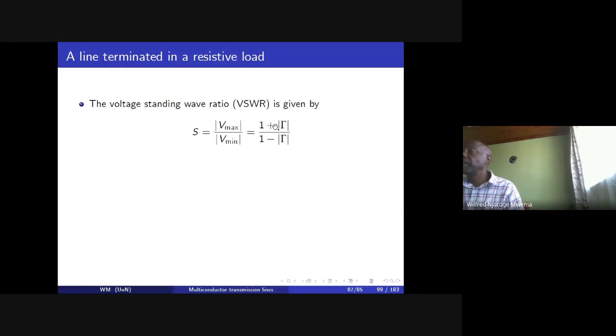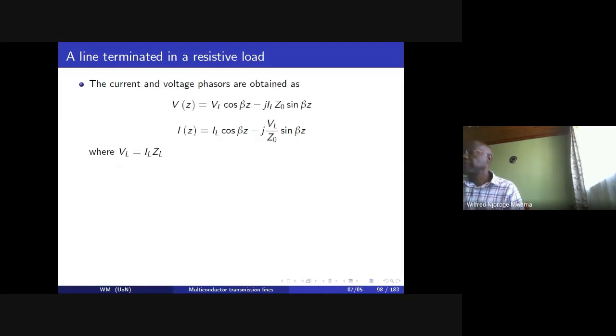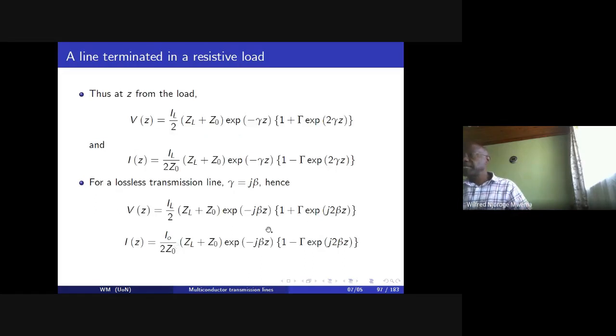This can be given by 1 plus the modulus of gamma over 1 minus the modulus of gamma, from the expression that we have seen here. From this expression, we can see what actually determines the value.